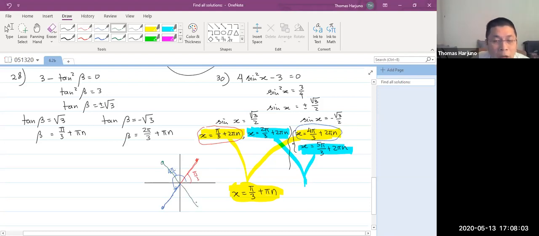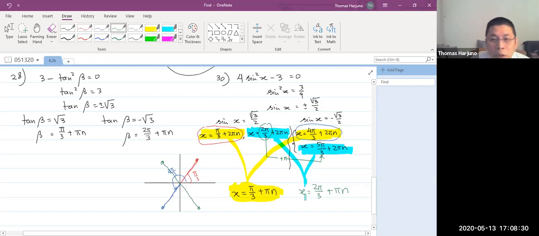When I condense them, I get x equals 2 pi over 3 plus pi n, not 2 pi n, plus pi n. Notice that from here, if I add pi, I get this. When I add another pi, I get that, and so on, alternating.